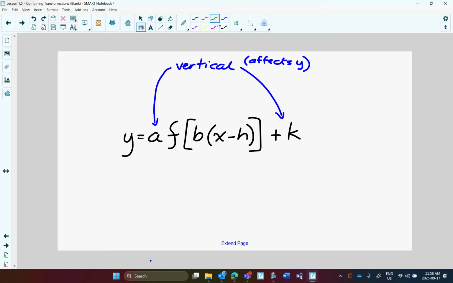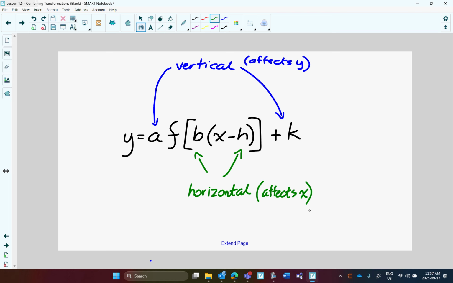Everything inside is horizontal, which affects x. So if there's a negative here, it's a flip, horizontal.